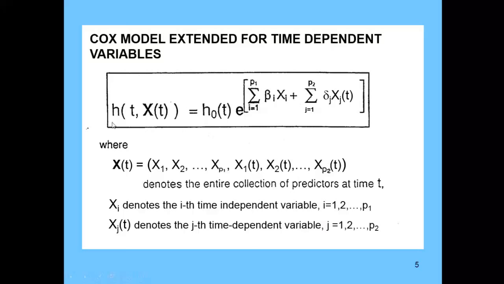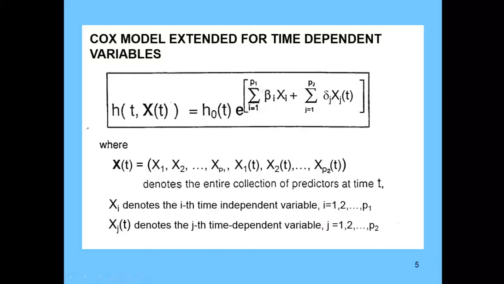It's a hazard function. There's a baseline hazard, just like there is in a Cox proportional hazards model, but this is an extended Cox model. And then the right side of the model, the exponential side, has two different kinds of variables. The first set of variables, beta i x i, there are p sub 1 of them, there might be 3 of them.